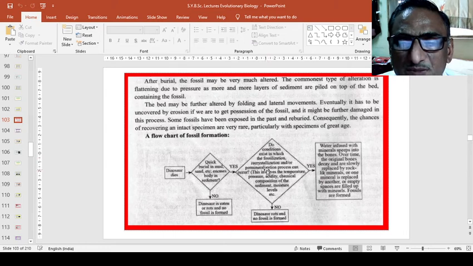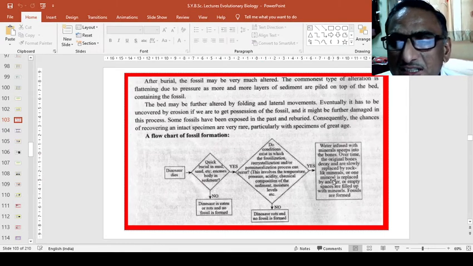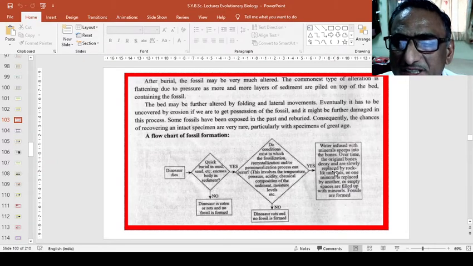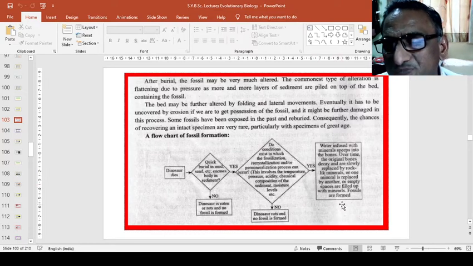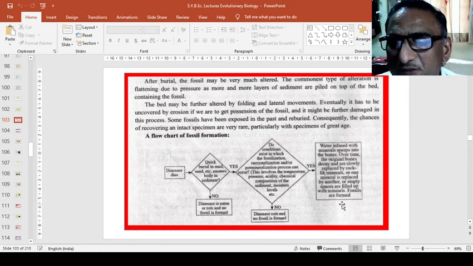Water infused with minerals seeps into the bones, and over time the original bones decay and are slowly replaced by rock-like minerals, or one mineral is replaced by another, or empty spaces are filled up with minerals.